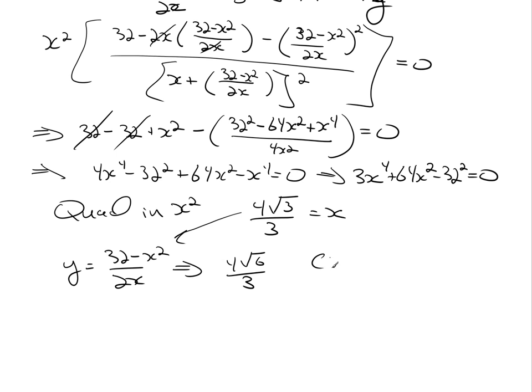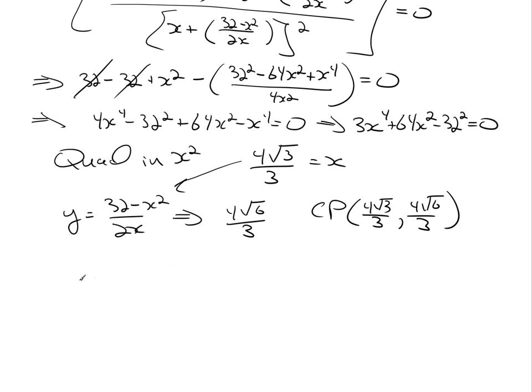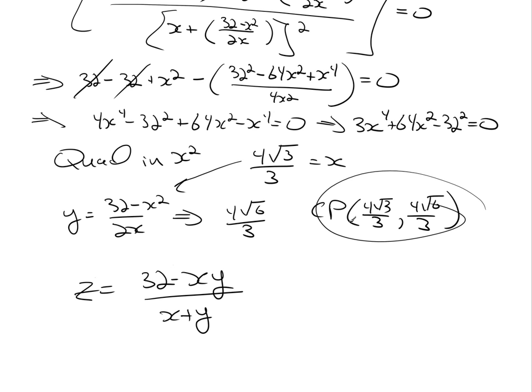My critical point has coordinates 4 root 3 over 3 and 4 root 6 over 3. Now recall that we said z was equal to 32 minus xy over x plus y. So just substitute these values in and it's going to give you the dimensions, the x, y, z dimensions.